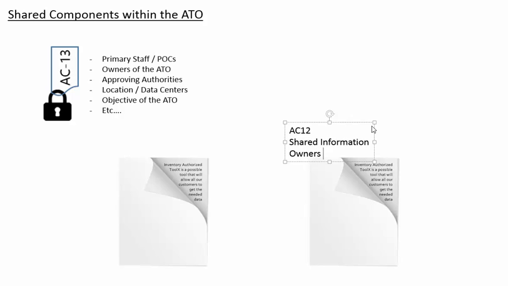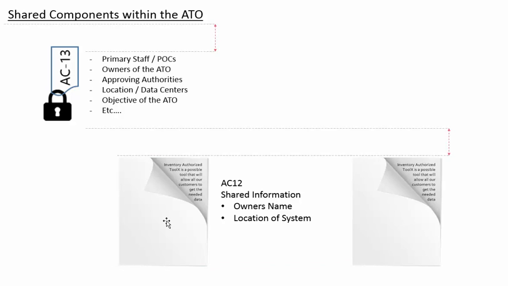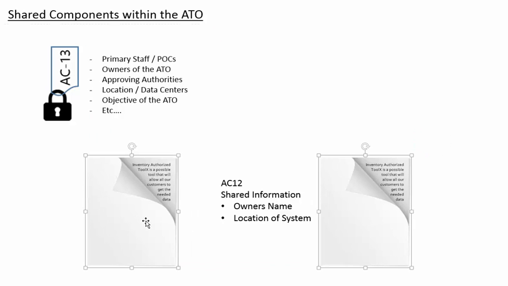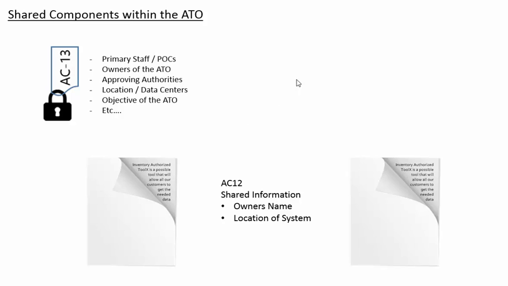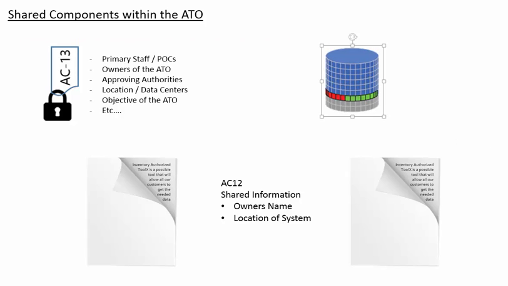So we have shared information, and what's represented on the screen here is two sets of documentation for AC12, because there are lots of documents that go in with a control, vulnerability and plan contingencies and lots of good stuff. We want to make sure we have all of that information, and in both of those, AC12 shares owner's name and location.